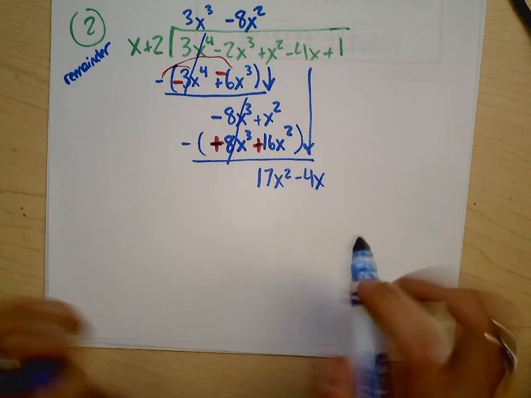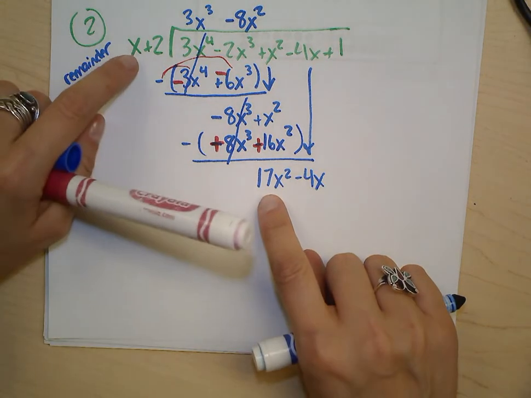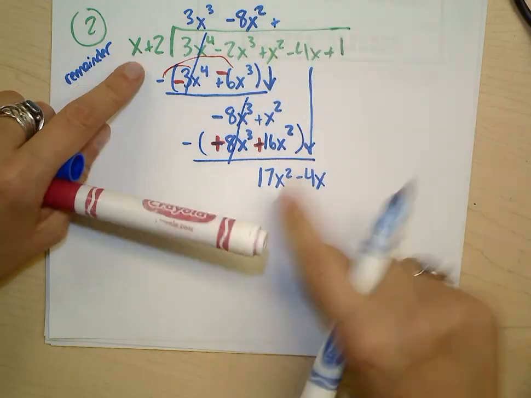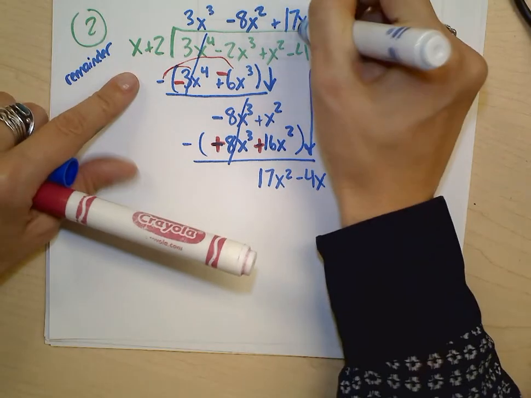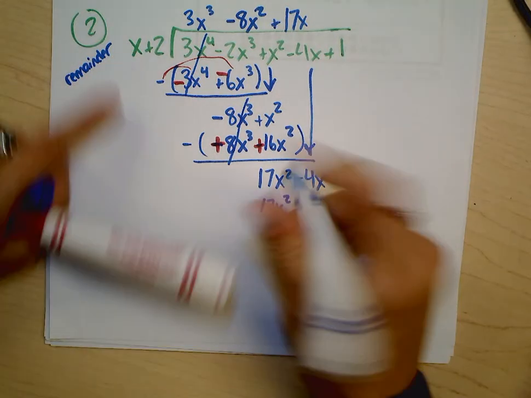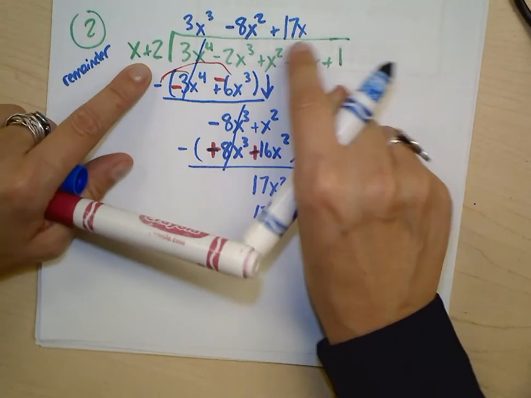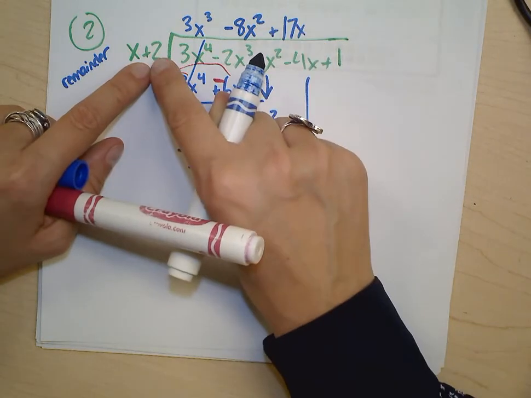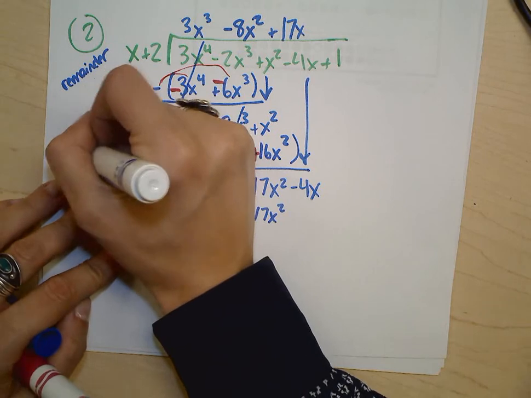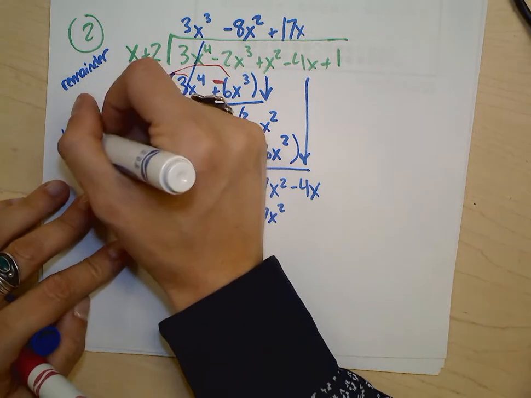So here, if I have to multiply by this x, I'm missing 1x and a 17. So 17x, because 17 times x will give me my 17x squared, and I have to multiply by that 2 as well. 17x times 2, well, let's see, let me do this out. 17 times 2 gives me 34.